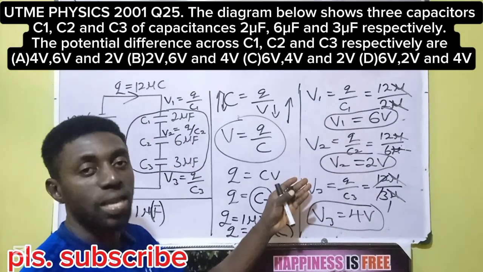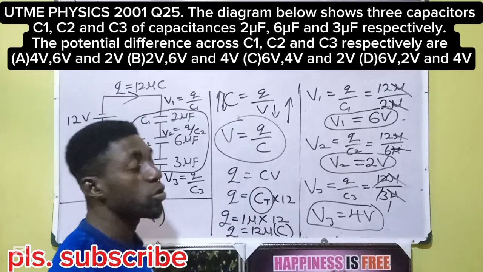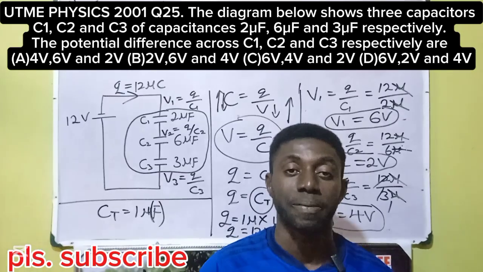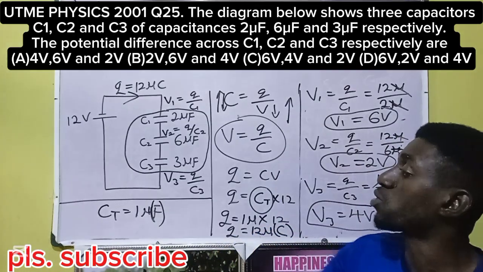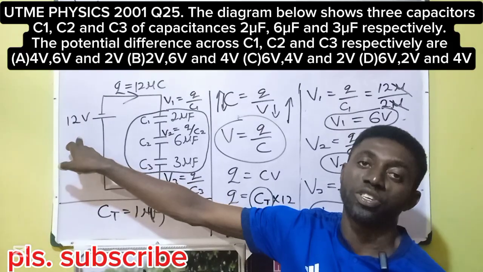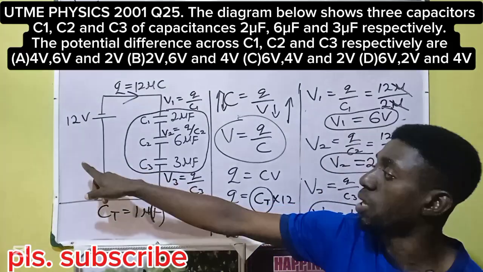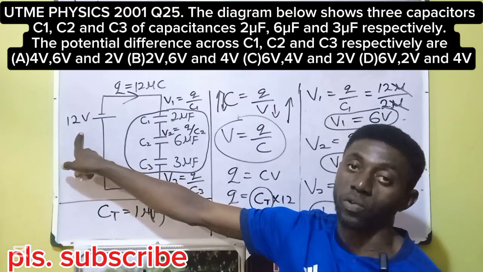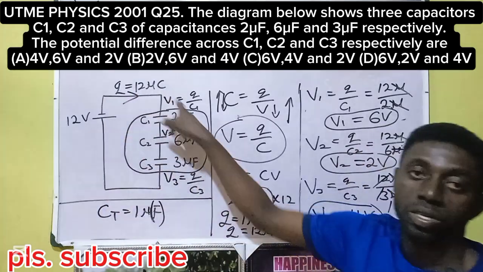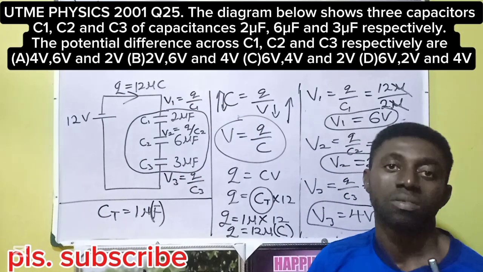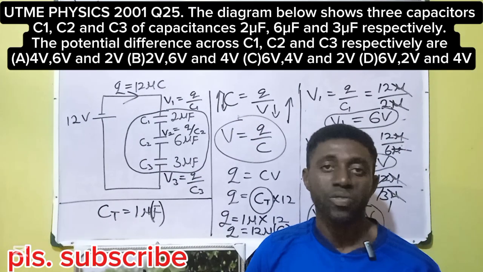Then the individual voltages are 6 volts, 2 volts, and 4 volts. I want you to observe something. Go back to the original voltage. You can see that what is out there is 12 volts. Then in series connection, the voltage drops. Recall, in series connection, the charge or the current is the same, but the voltage varies.